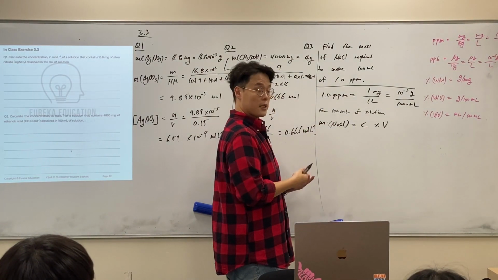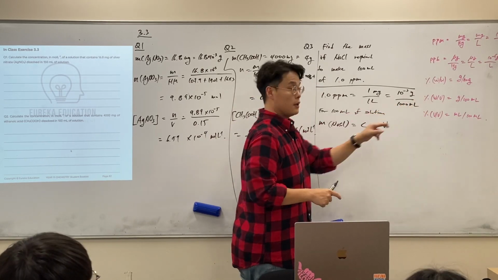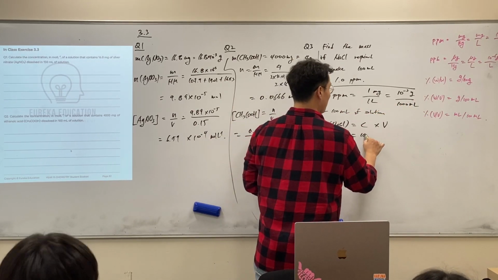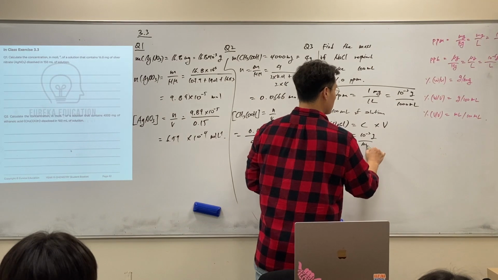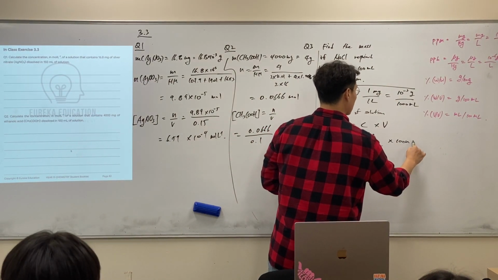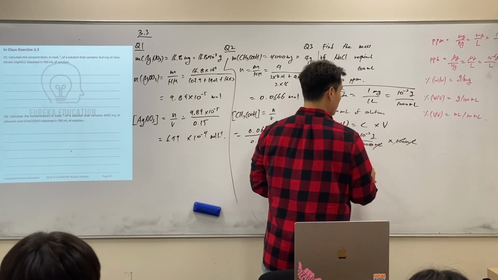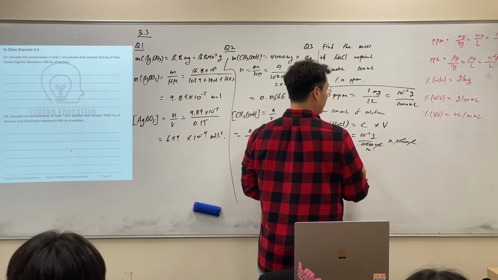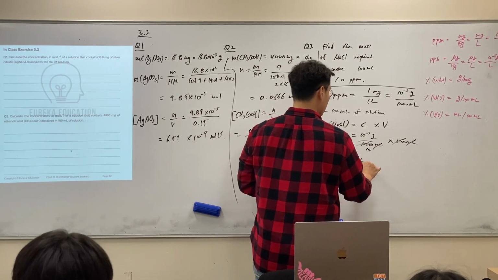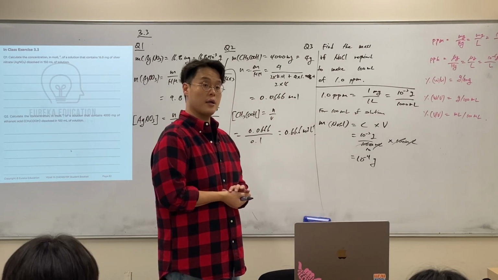In that case, it is the mass, this is not n, by the way, because we only have grams on the top. So we have 10 to the power minus 3 grams per 1000 milliliters times the 100 milliliters of solution we have. Cancel out, and that gives you 10 to the power minus 4 grams of sodium chloride required.